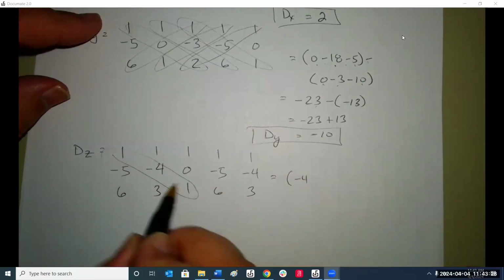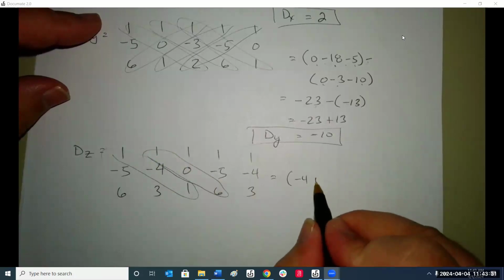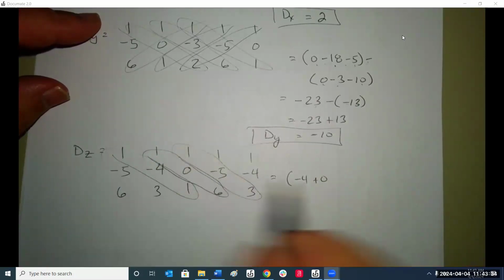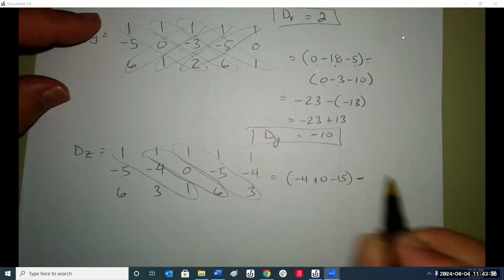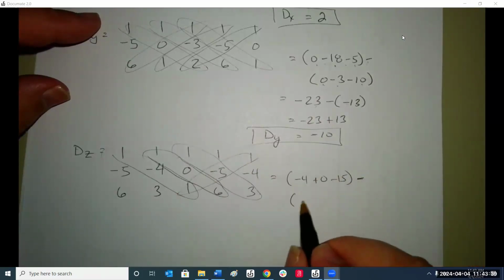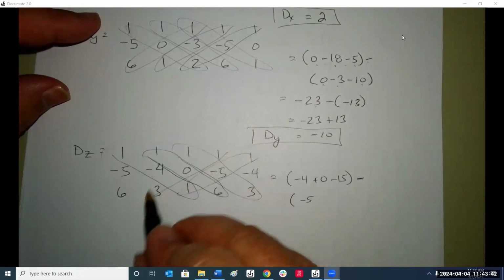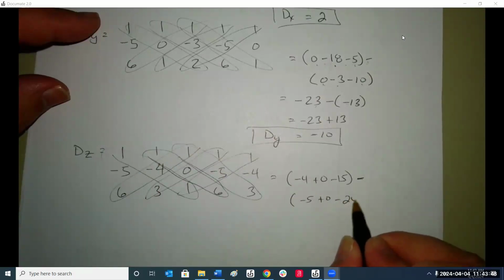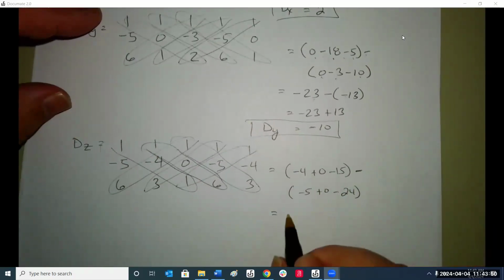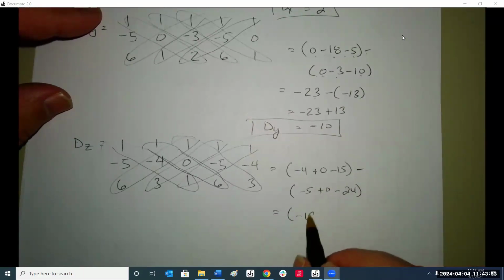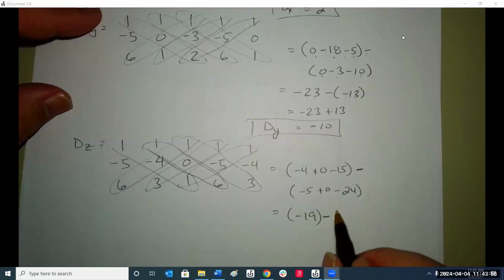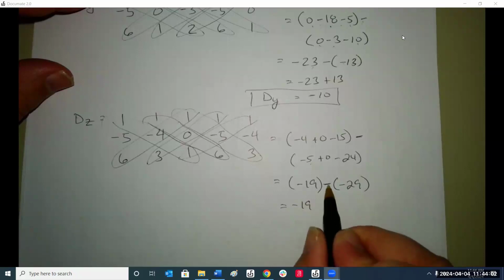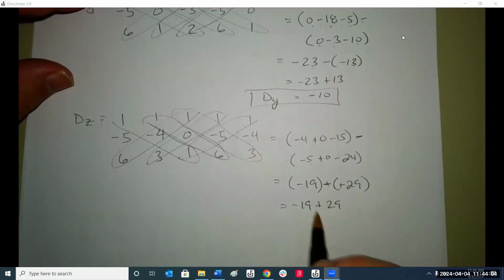So it's -4 plus 0 minus 15. -5 plus 0 minus 24. That's -19 minus a -29. This becomes a positive. 29 minus 19 is 10.